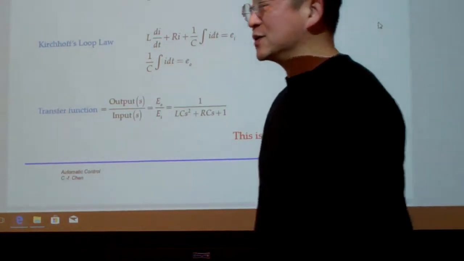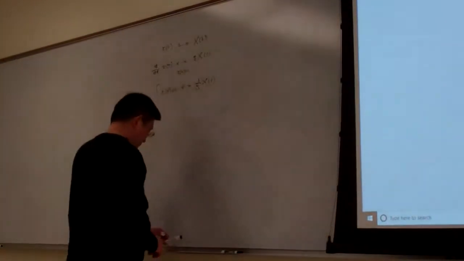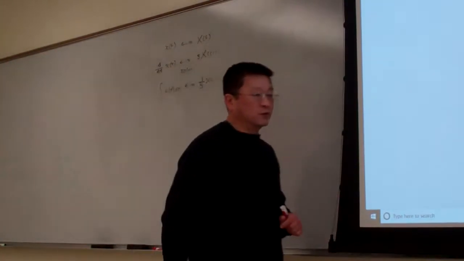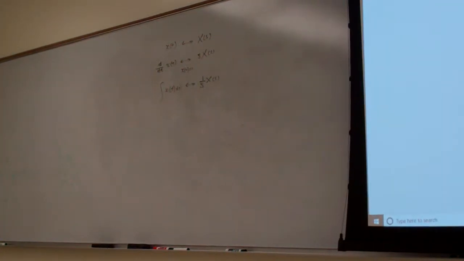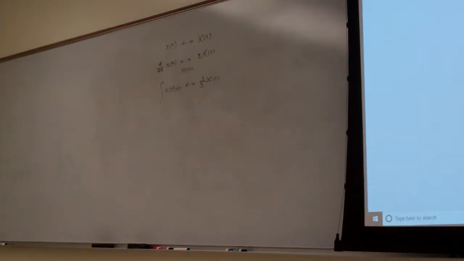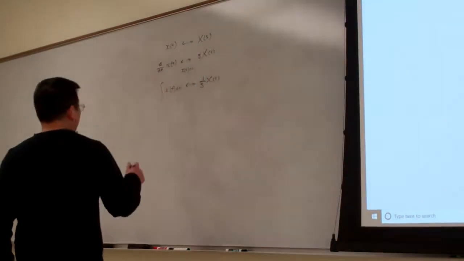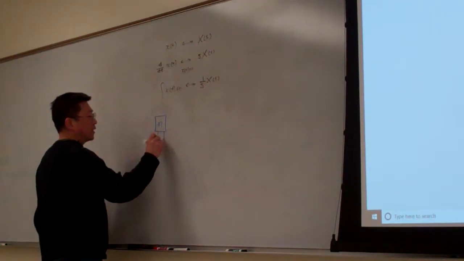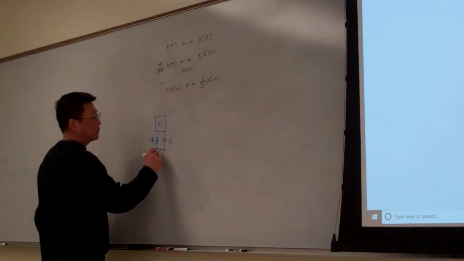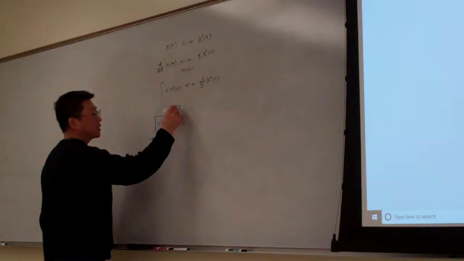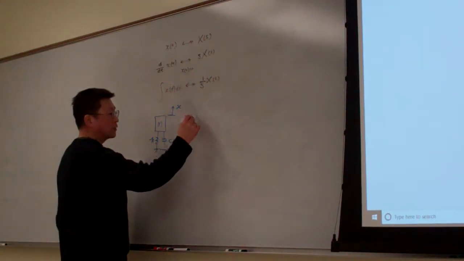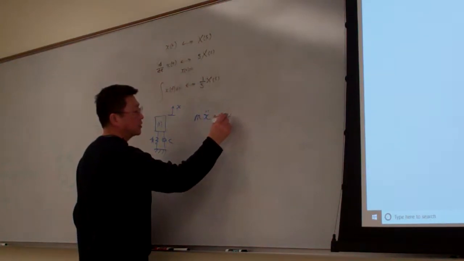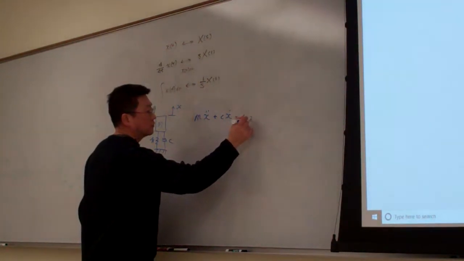Compared to mechanical systems, let me use a different color. For mechanical systems, as you have seen before, this is M, K, and C. If we define this as our equilibrium, you should be able to formulate the governing equation.